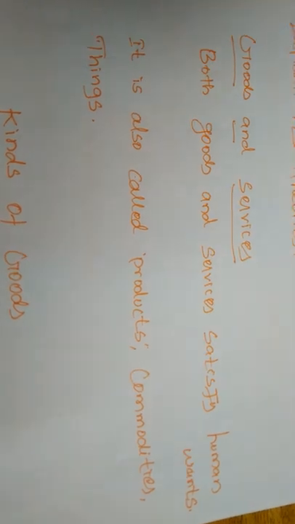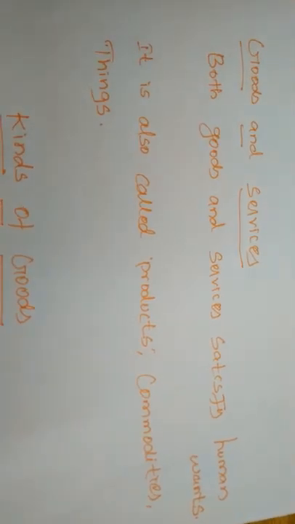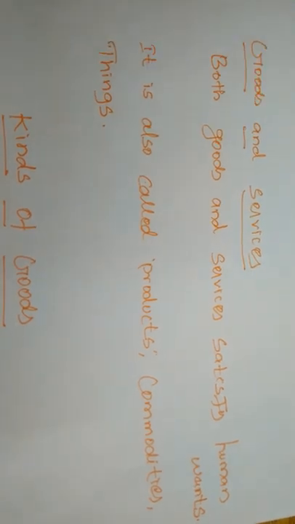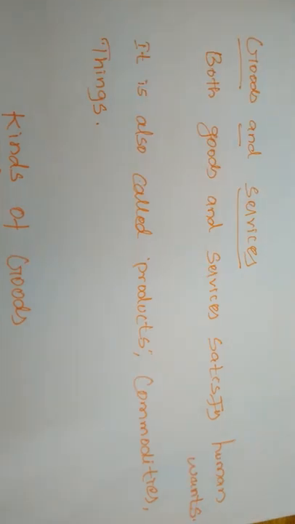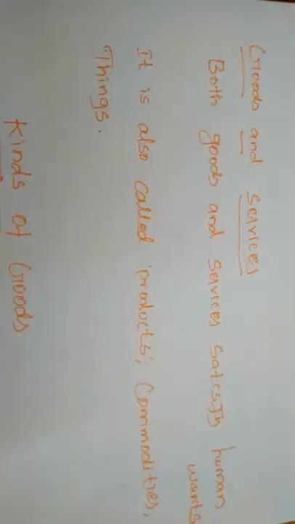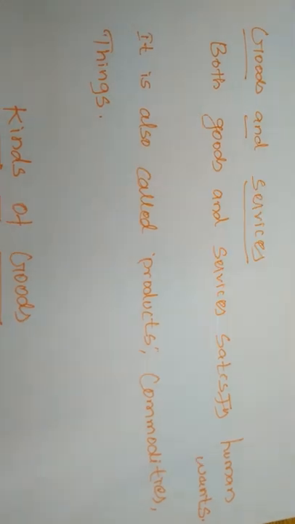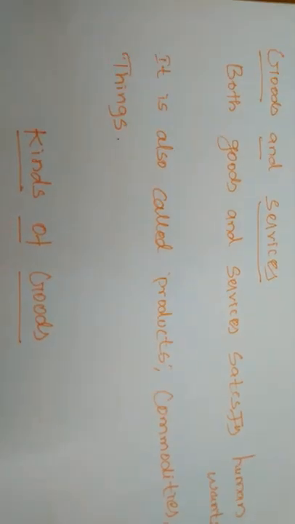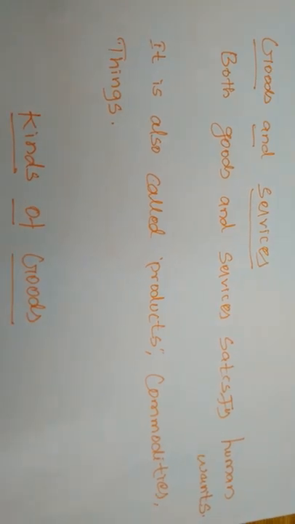Next, goods have physical dimensions. Physical dimensions mean they are preserved over time, over a period, and have some weight or length. Next, they exist independently of their owner.